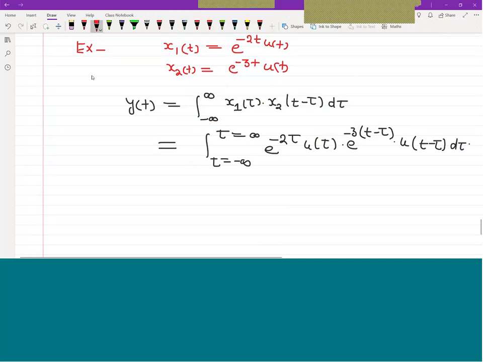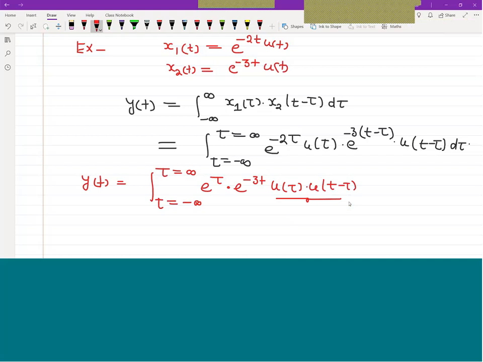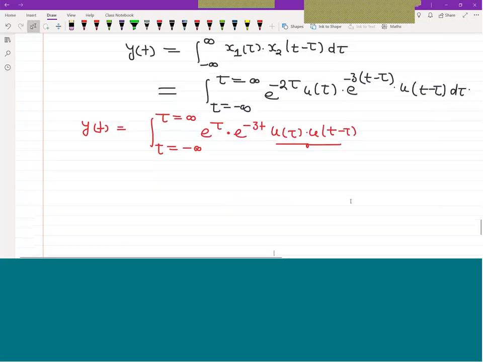Now what I can say, y(t) can be written as the integral from tau equal to minus infinity to tau equal to infinity of e to the power minus 3 tau plus e to the power 3 tau, which is e to the power tau, into e to the power minus 3t, and the product of u(tau) and u(t minus tau). Can I say these two terms are responsible for deciding the limit?